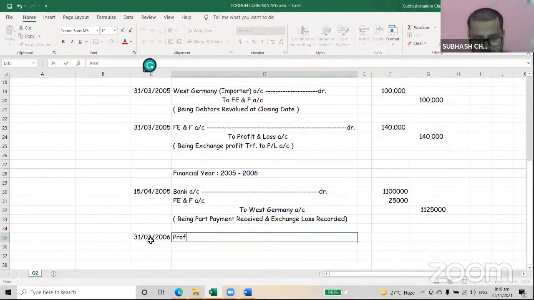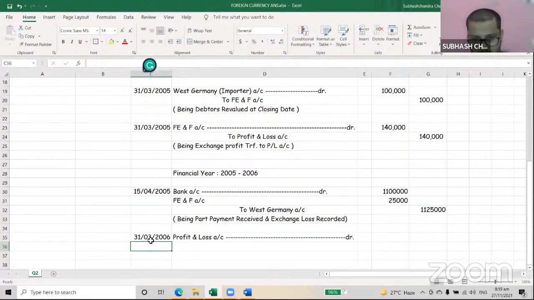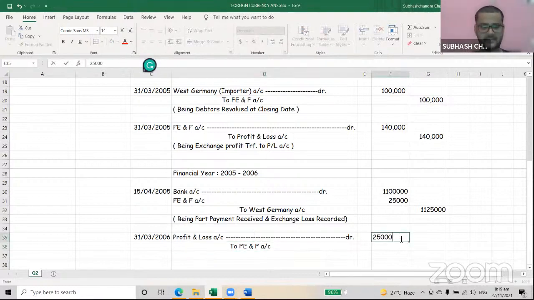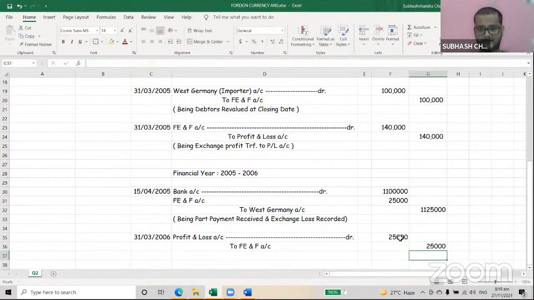Now it's a loss in this year. So profit and loss, loss means debit. Profit and loss account, debit. To exchange loss, how much will we record? 25,000. 25,000.